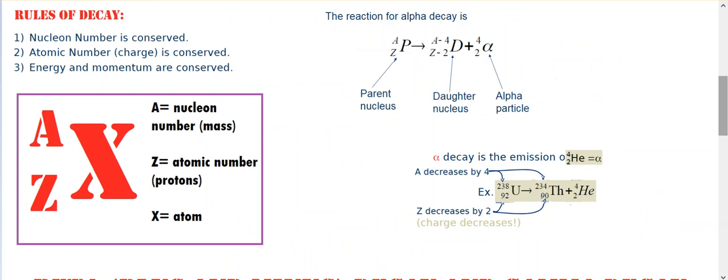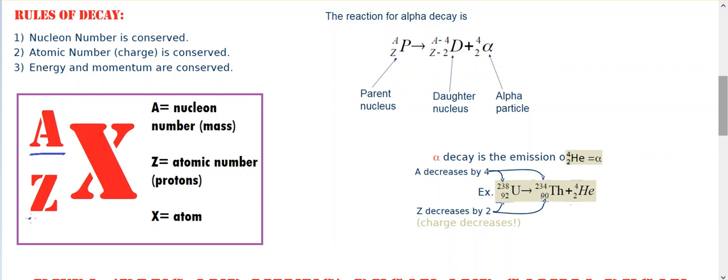When looking at radioactivity, there are 3 rules of decay. The first rule is that the nucleon number is conserved. The nucleon number, A, is made up of protons and neutrons. So in other words, you could think of it as the atomic mass. The second rule is that the atomic number, the charge, because the atomic number is usually protons, which are positive charges, is conserved.